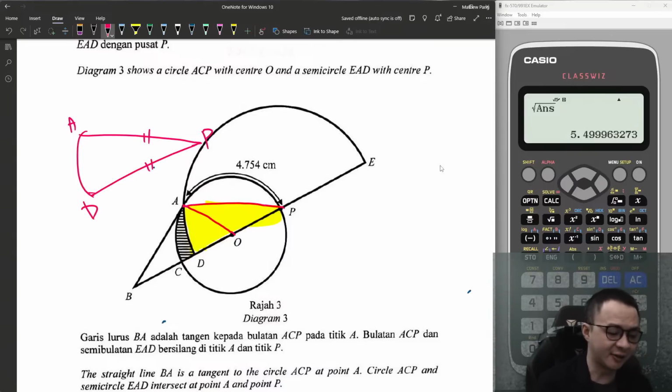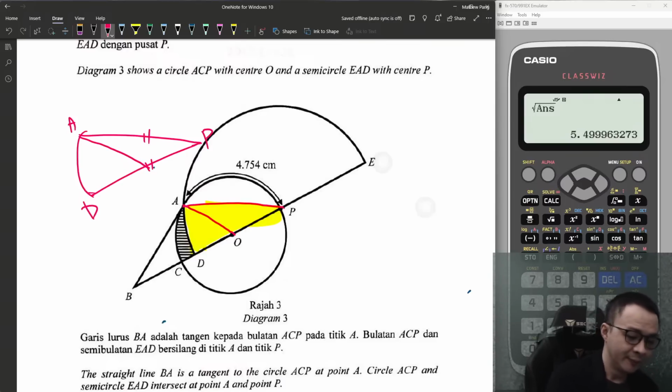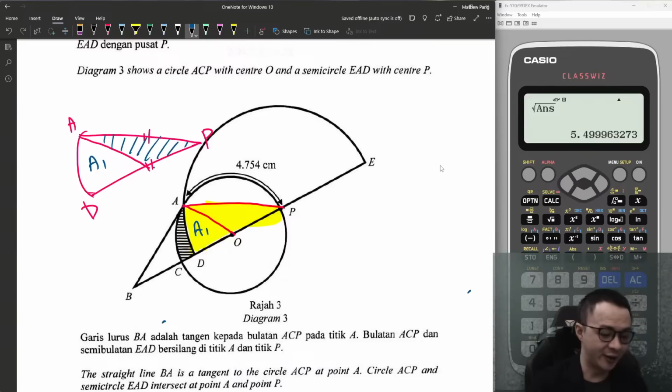So this is a sector. Now I want to use the sector minus the triangle. I want to minus out this triangle to get this small part, which I am going to call A1.